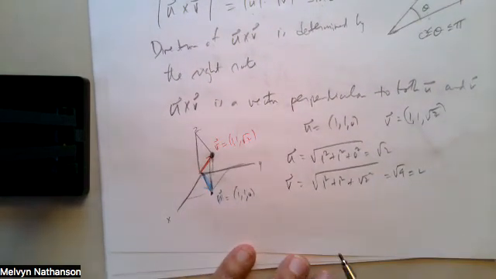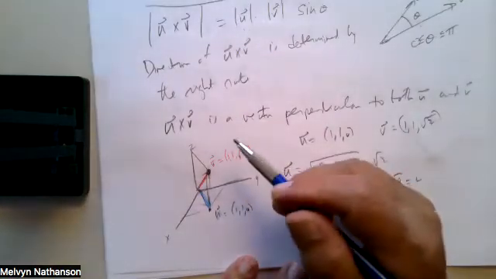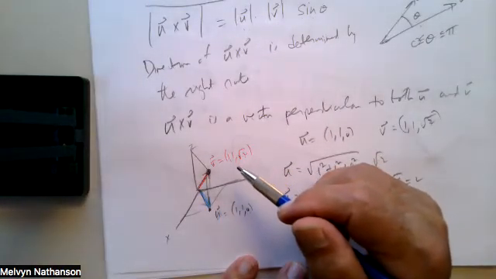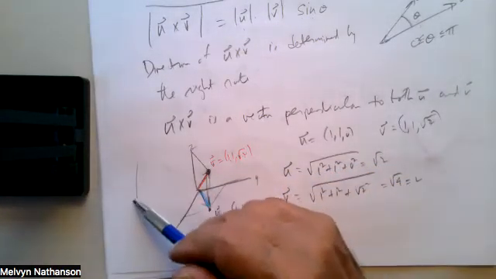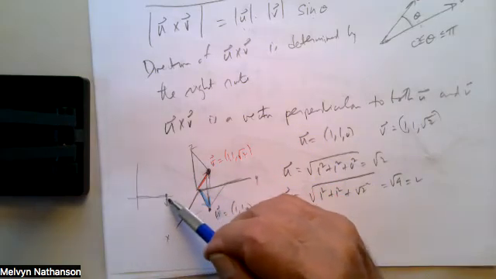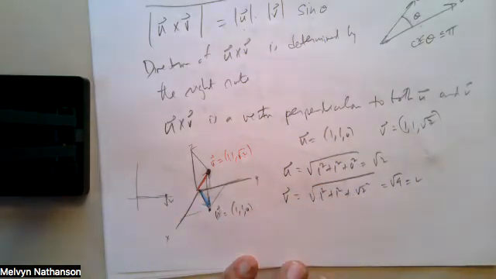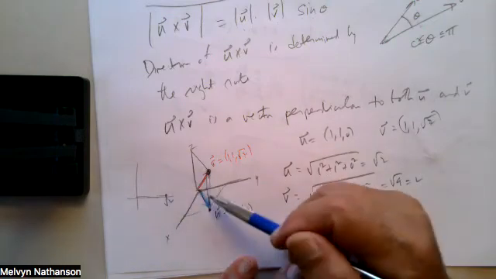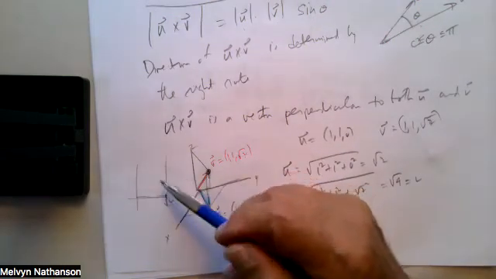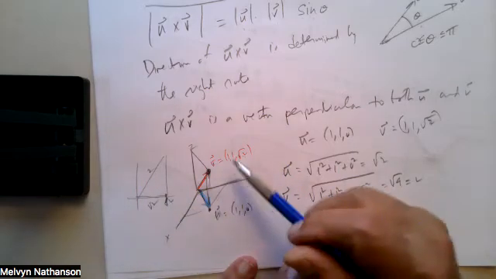And what is the angle between them? If we were to look at the plane cutting through these two vectors, here we've gone square root of 2 units in this direction, and we're directly above that at height square root of 2.